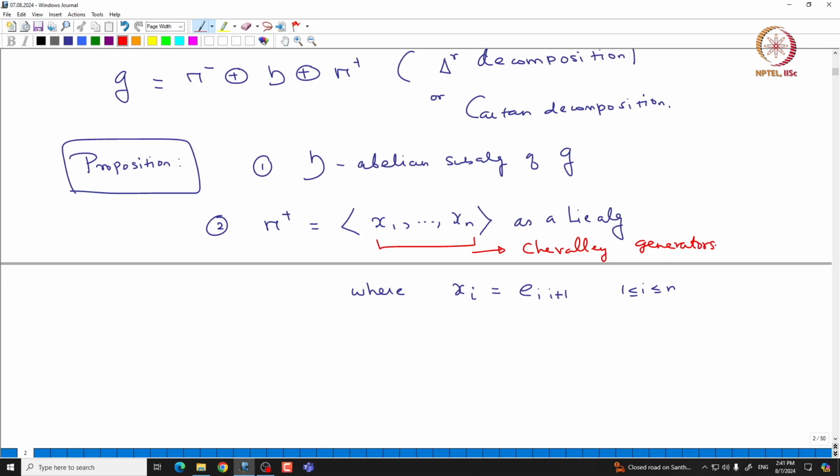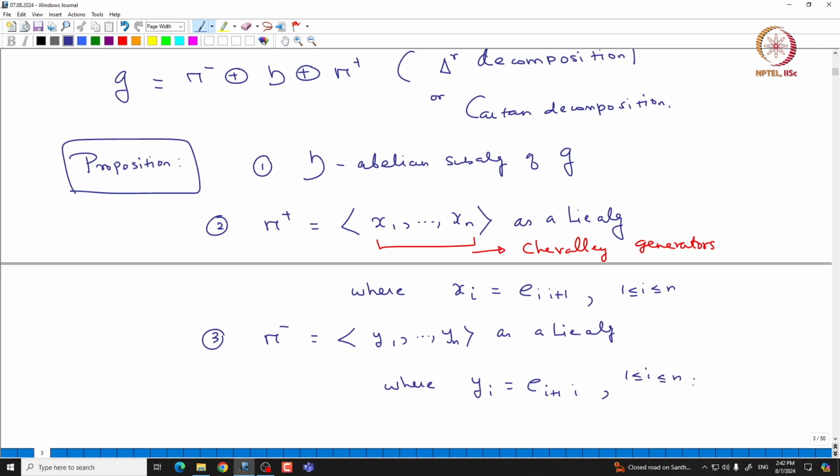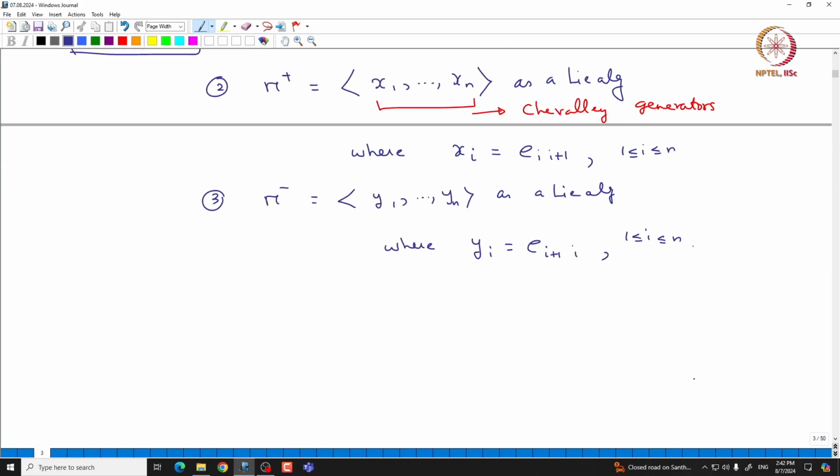Of course, for this n plus we also have the n minus picture. If we take n minus, then this will be generated by y_1 through y_n as a Lie algebra, where these y_i's are just the transpose of the e_{i,i+1}'s. Now take a particular i for each i from 1 to n.